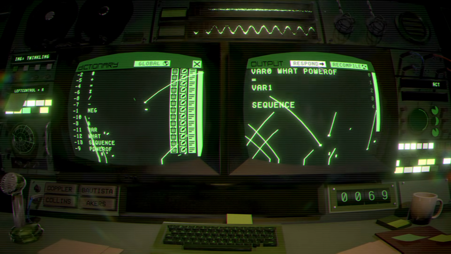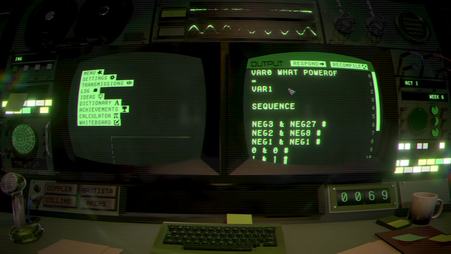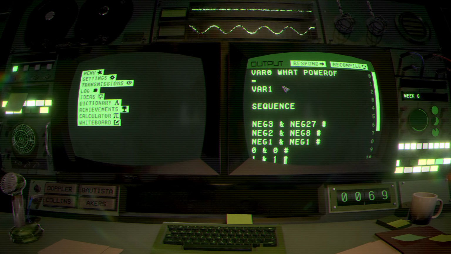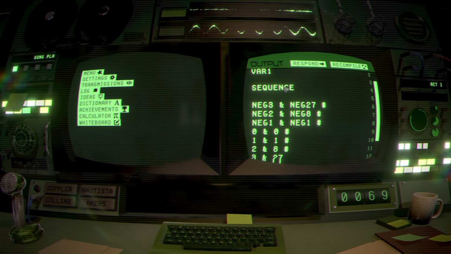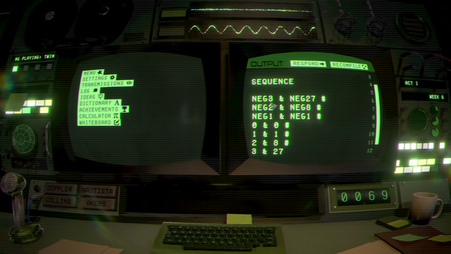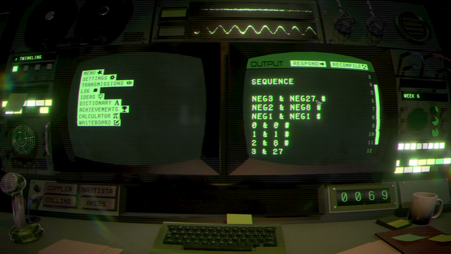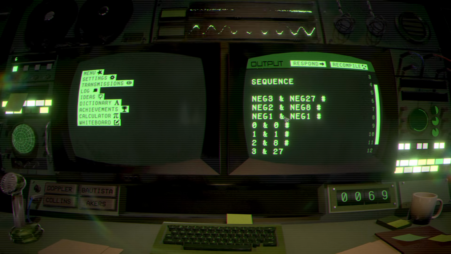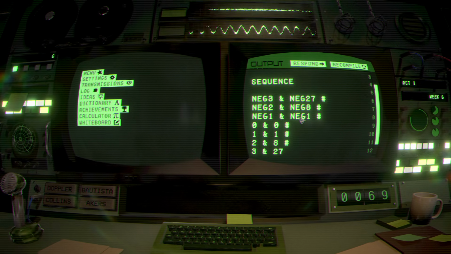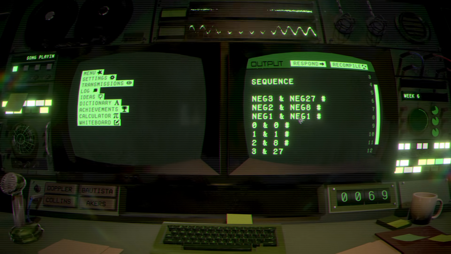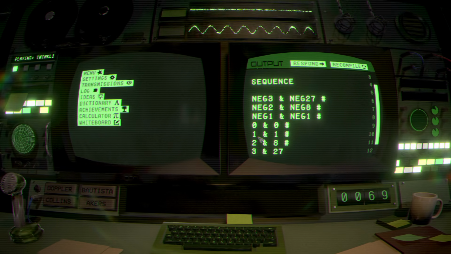Okay, just had to think about it. Alright, so variable 0 to the power of what equals variable 1? Alright, so 3 and 27, 2 and 8, 1 and 1. 0 and 0, 1 and 1, 2 and 8.